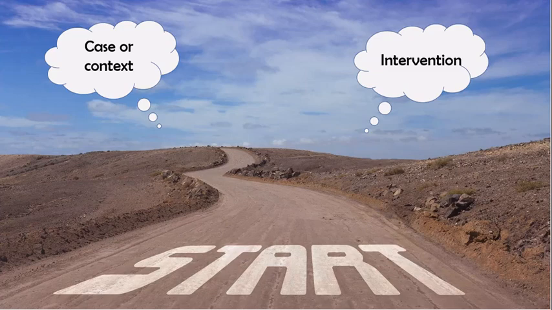Or it may be that you have a particular intervention that you'd like to focus on, in which case you might then think about which case and which context fits more appropriately. If you're approaching it from a case or context perspective, for example, if you particularly want to write about Zainab and Jack from a local authority perspective, it may be that defines what intervention you're going to look at. So it really depends. You can approach it in either way.